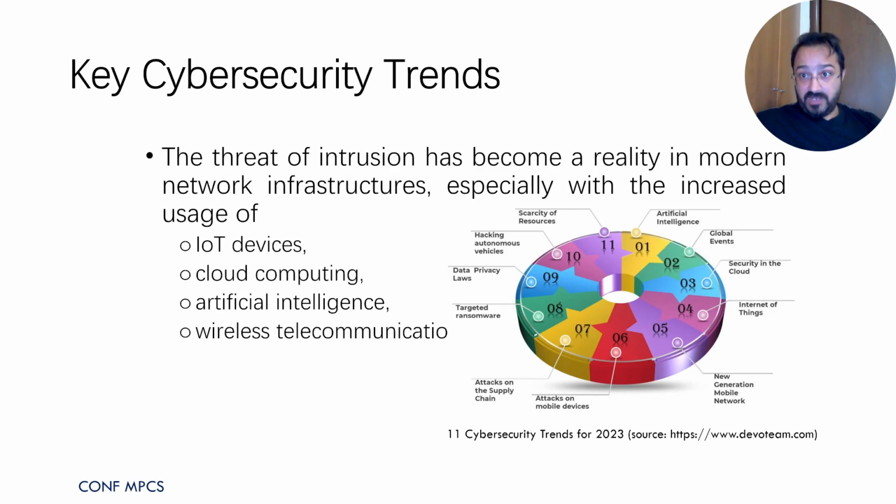We have ransomware, and targeted ransomware on specific organizations from paid hackers. We have data privacy laws like GDPR. We have autonomous vehicles coming into play, plus a new field of hacking autonomous vehicles, which could be cars, but also ships and many other things.